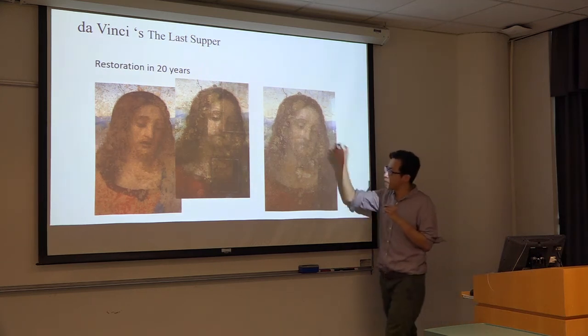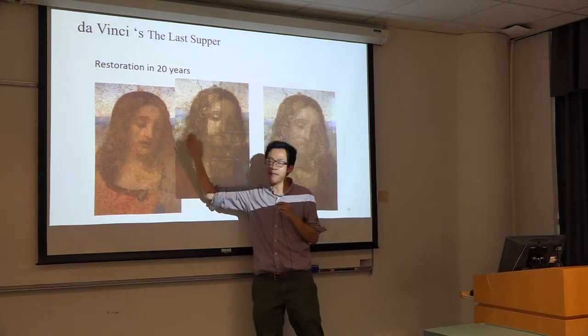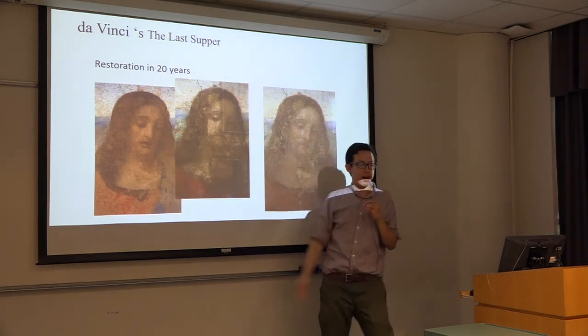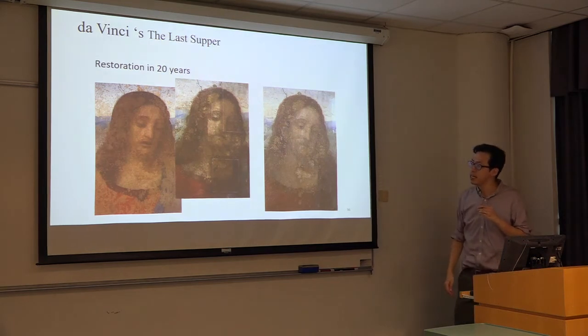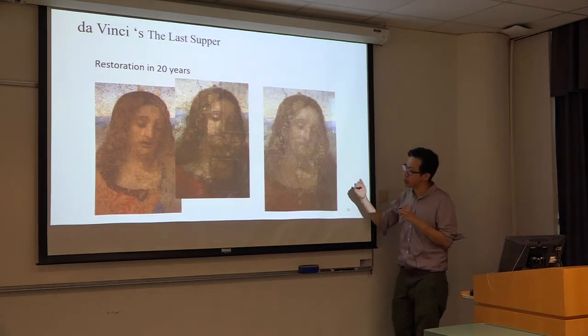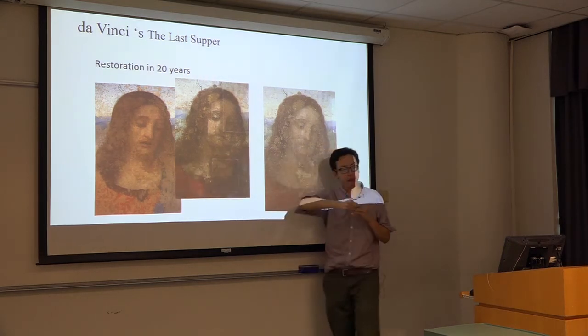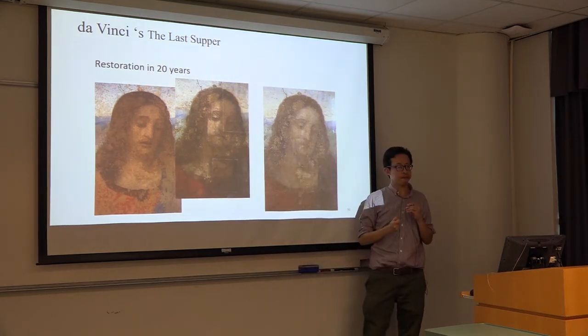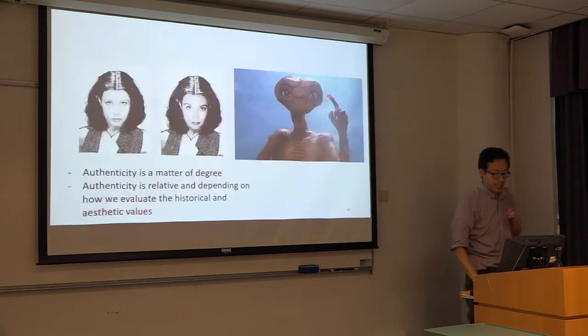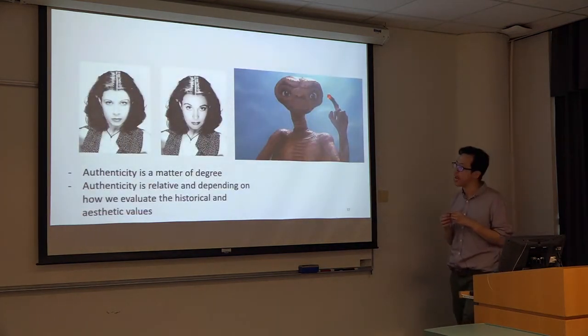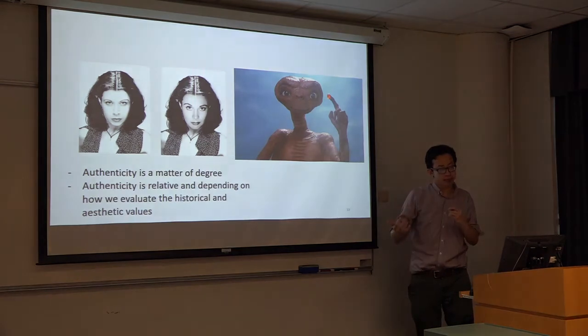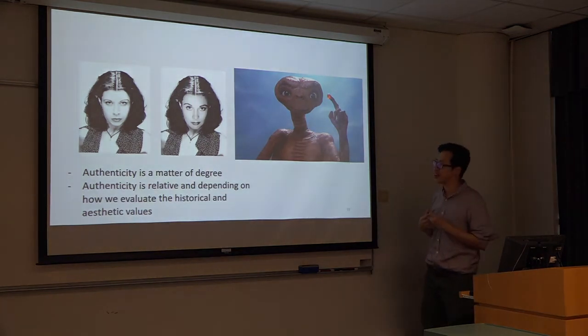Then they have to understand the techniques, the way Da Vinci painted The Last Supper, and make sure the new paint added to the surface can be removed in the future. So conservation often takes a long time, and we have to take the historical factor into consideration.